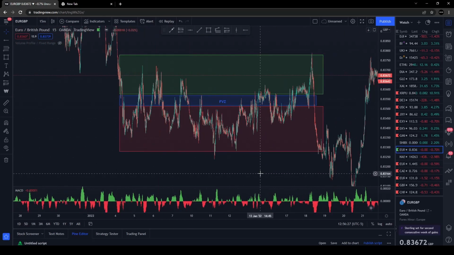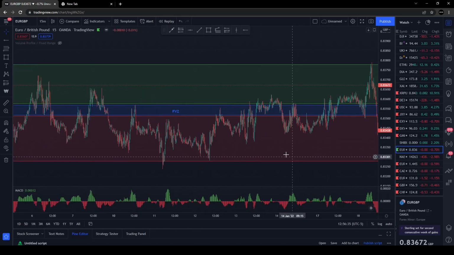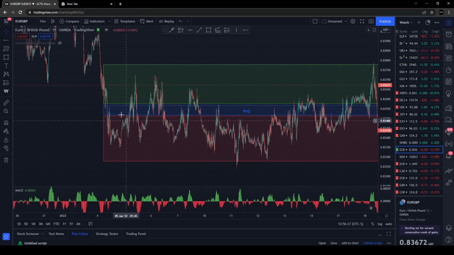As we can see, price has a lot of bounces on top of this zone and below this zone, and the difference is when price actually breaks through the top of the zone, it is bullish, and when it breaks through the bottom, it is bearish.